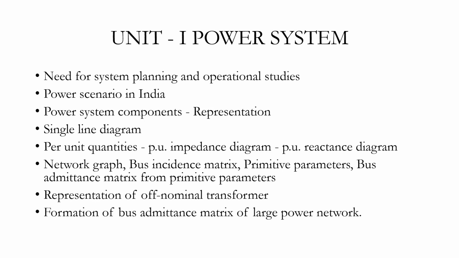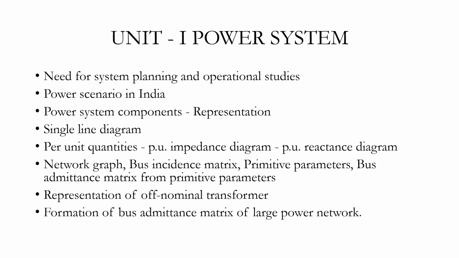Let us see what we are going to see in the first unit, which is Introduction to Power System. Here we will be seeing what is the need for system planning and operation studies. We also see the power scenario in India, what the power system components are and how they are represented. We will see the single line diagram, the per unit impedance diagram and the per unit reactance diagram.